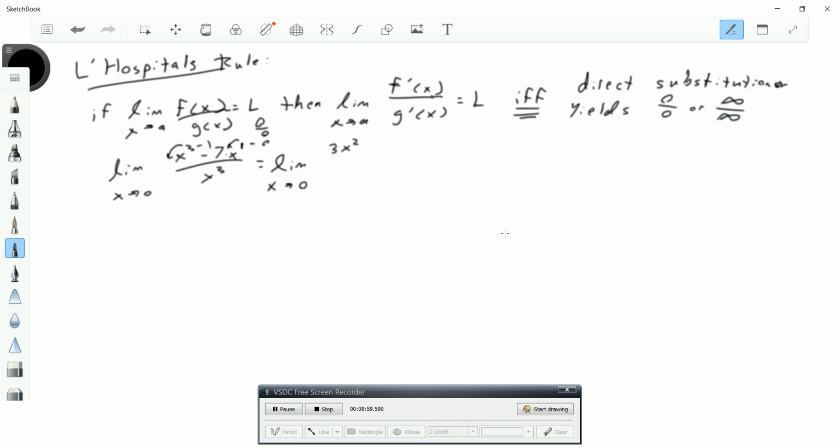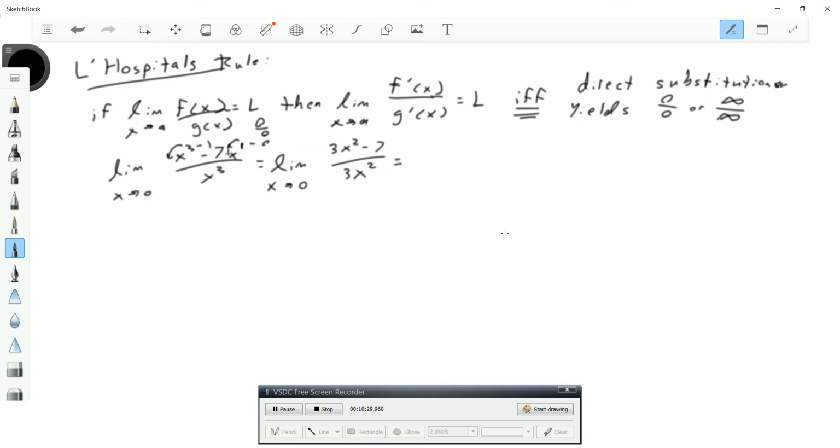And then again, the derivative of x cubed is 3x squared. Now, you still actually get, oh, no you don't. If you plug in 0, what do you get? You get 0 minus 7, so you get negative 7 over 0.